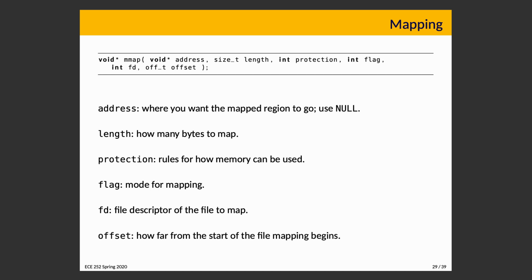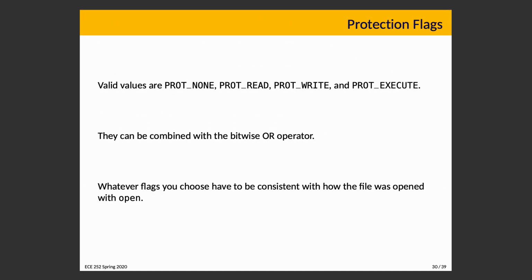It's not quite the same as the UNIX permissions, as we're going to see. The flags argument is how we're going to map it. We'll have to come back to that one, as it requires some explanation. FD is the file descriptor of the file that we want to map, so which file it is. And offset is how far from the start of the file that mapping actually begins. So you don't have to start at the beginning if you don't want.